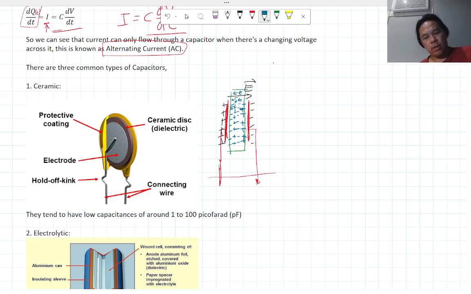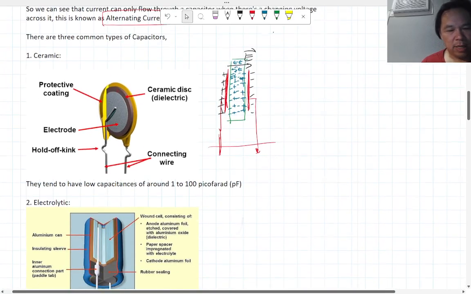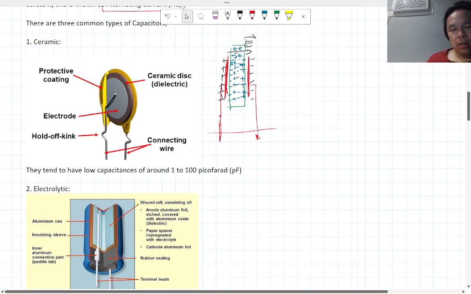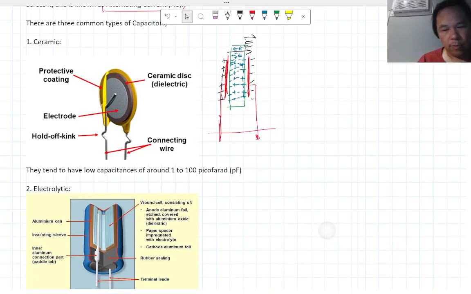So what happens is that it actually increases the capacitance of your capacitor by inserting the dielectric into the material in between the two parallel plates, so that it reduces the electric field, so that the capacitor will not spark when you apply a higher voltage to it. So this actually increases the capacitance of your capacitor.